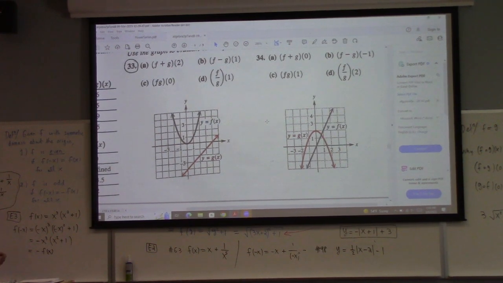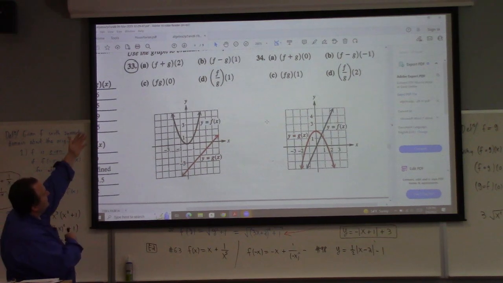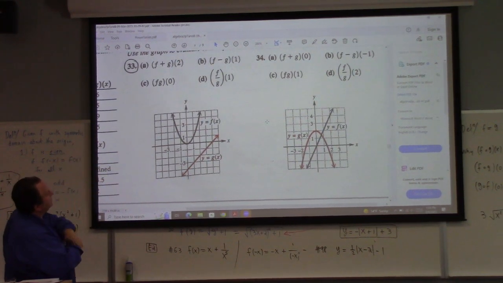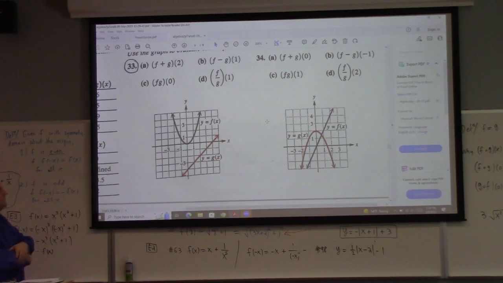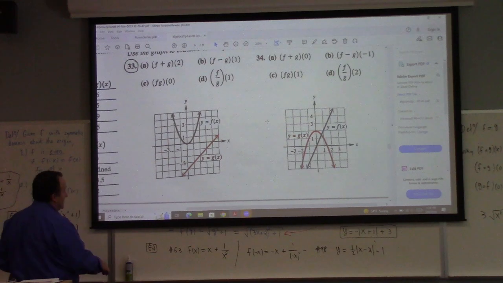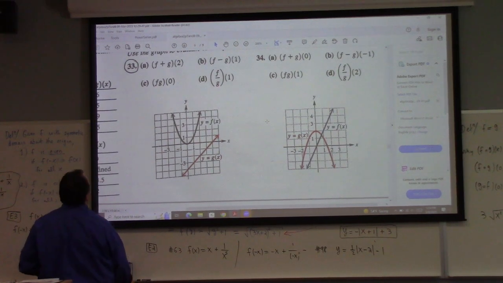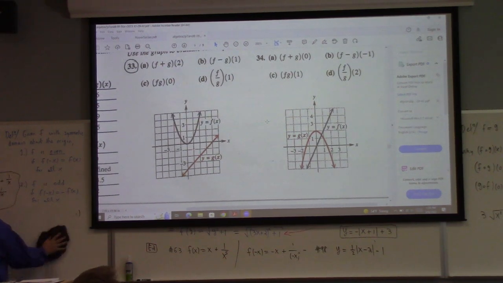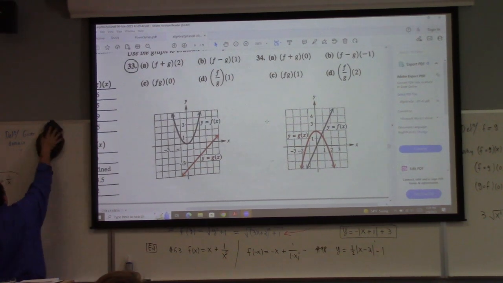Like we're supposed to calculate A, B, C, and D for this graph, right? We've got f plus g of 2, f minus g of 1, f times g of 0. So can we do these? Exactly. What are f and g here?